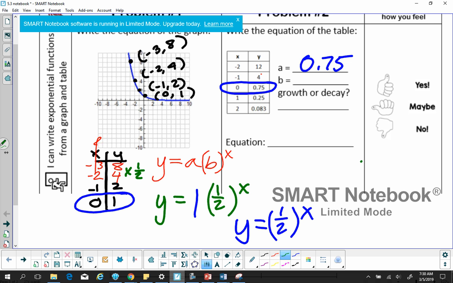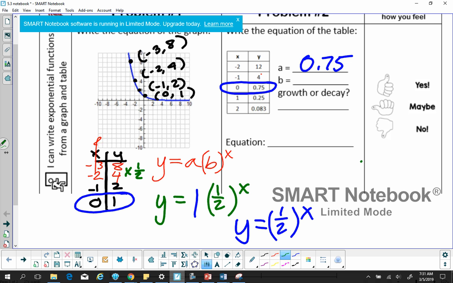No. This one has a mistake in this table. I know. This is the one that had the mistake on that one. Do you see it? There's 1 point missing. 1/3.